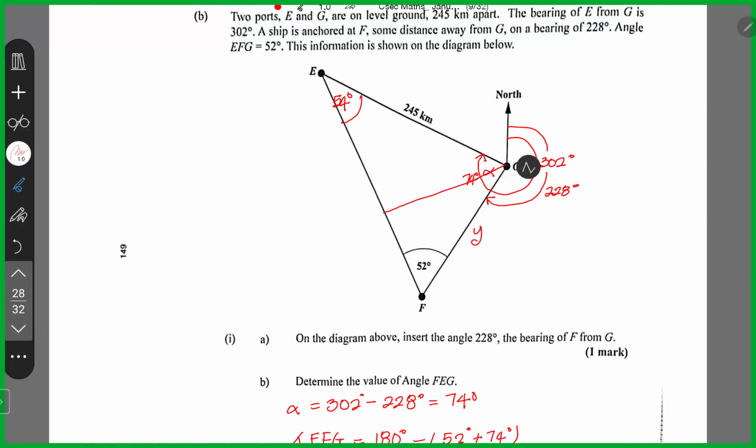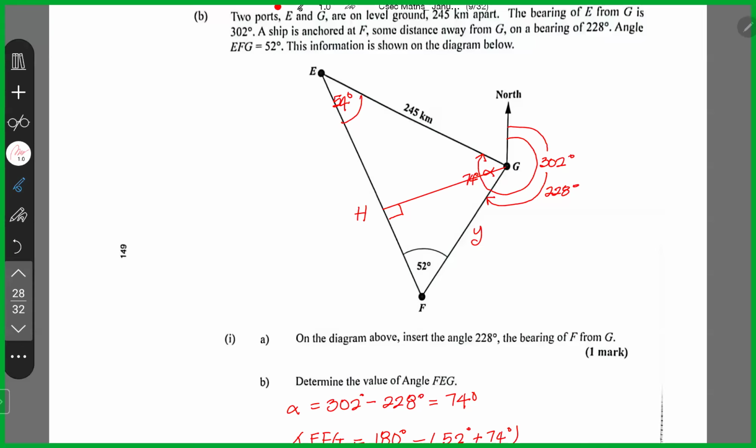The shortest distance would be the length of the line that is going to form a right angle with EF. So this would be H, and this angle here would be 90 degrees.